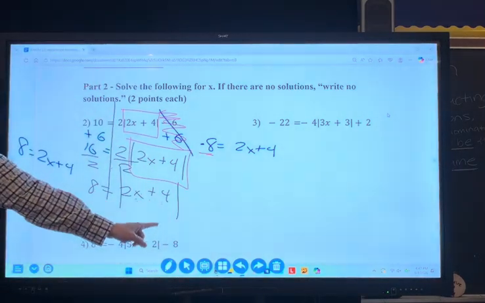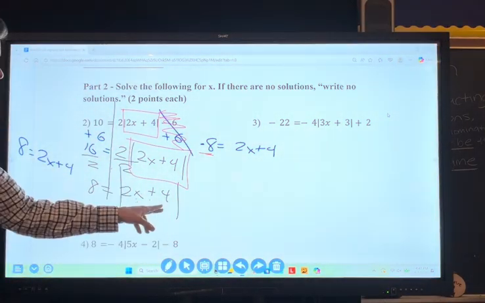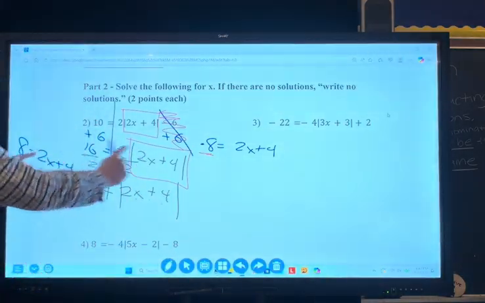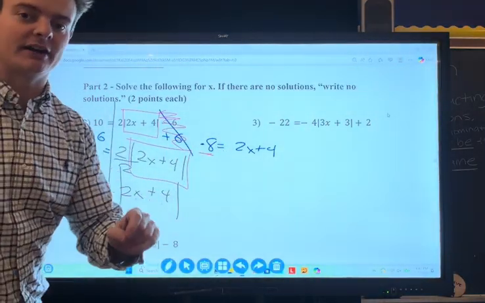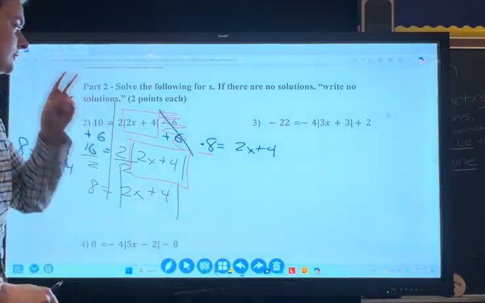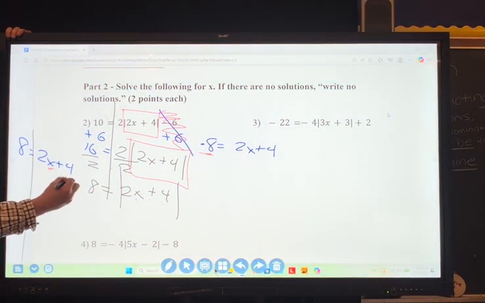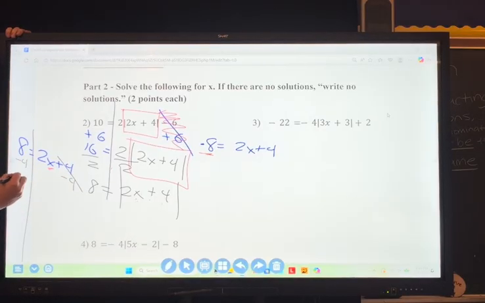Because if this thing inside the absolute value is negative 8, the absolute value will turn it positive, and that will also work. So I have to solve both of these equations to find which two answers are true. I solve these just the same, get my x by itself. Minus 4 minus 4, 4 equals 2x.